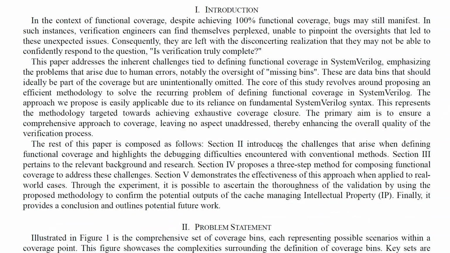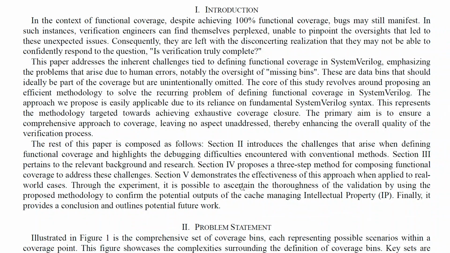Section 2 introduces the challenges that arise when defining functional coverage and highlights the debugging difficulty encountered with the conventional method. Section 3 pertains to relevant background and research. Section 4 proposes a three-step method for composing the functional coverage to address these challenges.